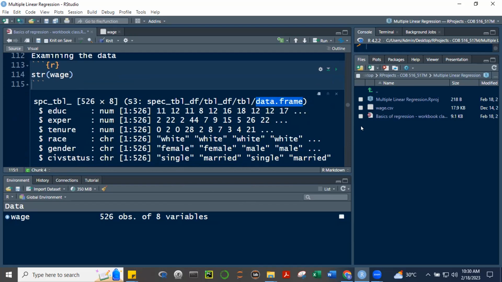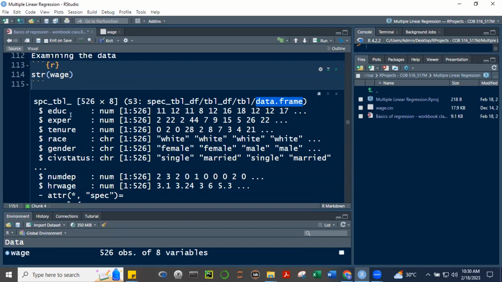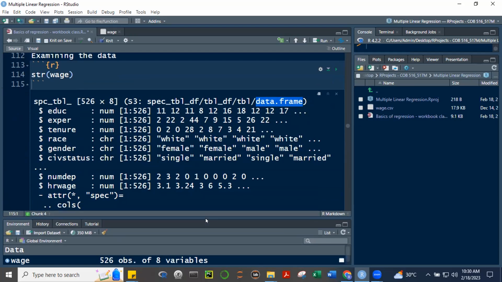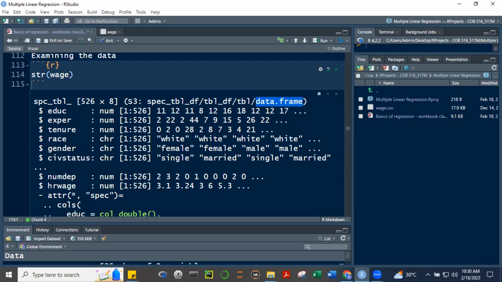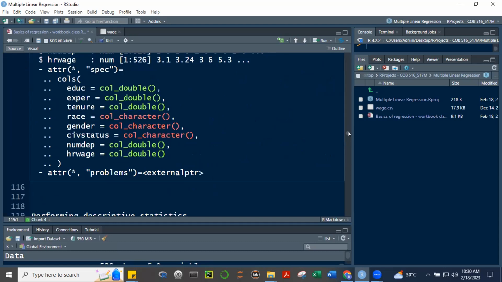May names yung columns, pati mga rows. Then we have here our variables: education, experience, tenure, race, gender, civil status, number of dependents, and hourly wage. So meron tayong 3 character variables at saka 5 numerical variables.